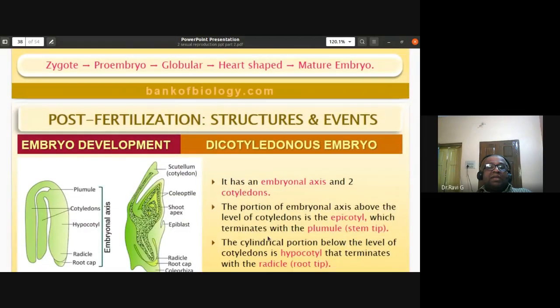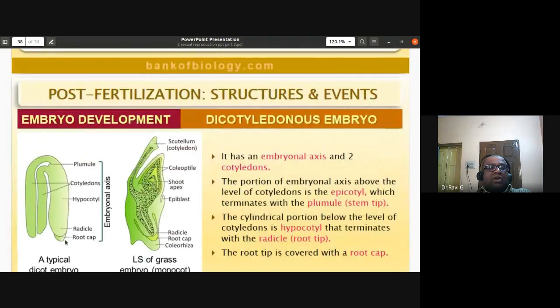The mature dicotyledonous embryo, if you look into the structure, has an embryonal axis and two cotyledons. The embryonal axis is called hypocotyl. It has two cotyledons, then plumule and radicle, and the tip of the radicle is protected by a root cap. This is a typical dicotyledonous embryo.